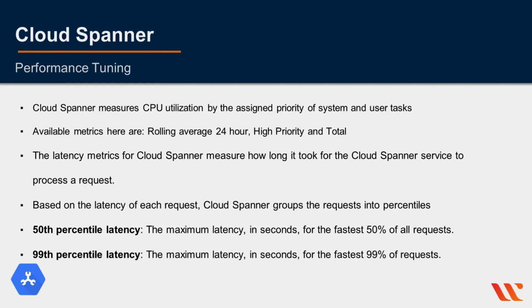For example, if the 50th percentile latency is half a second, then Cloud Spanner processed 50% of the requests in less than half a second. For the 99th percentile latency, for example, if the 99th percentile latency is 2 seconds, that means that Cloud Spanner processed 99% of the requests in less than 2 seconds.